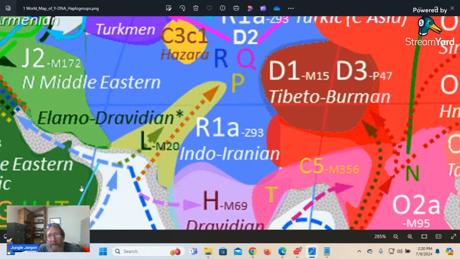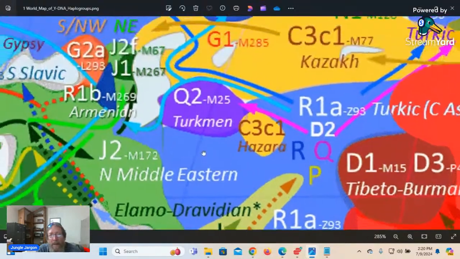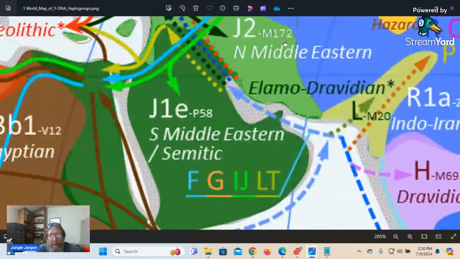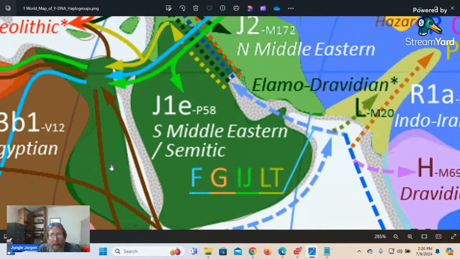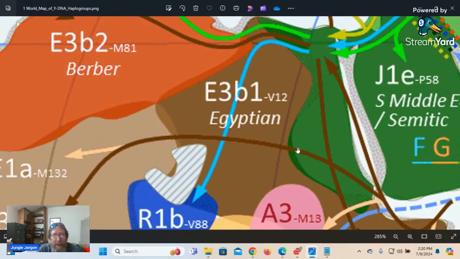Okay, so that explains the two Hamitic haplogroups in Asia. The C is descended from Nimrod, which branches off from the A and the B, and the D branches off from the E. But the Egyptian is a very large group, so it includes the Berbers.